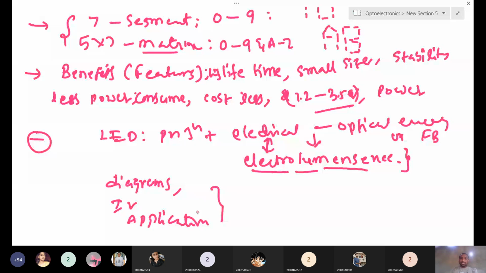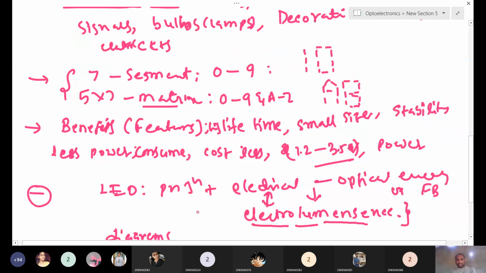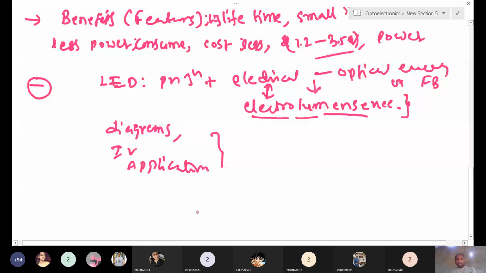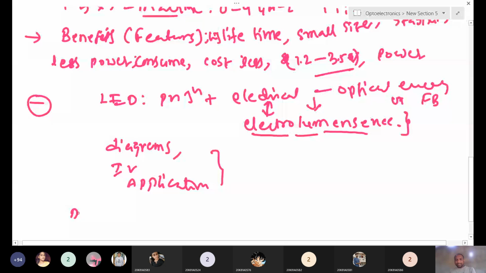Benefits are advantages. Disadvantages, oh, I forgot this one. Only two disadvantages are there. If you increase temperature, output power will reduce. And at higher voltage, series resistance will influence the device performance.